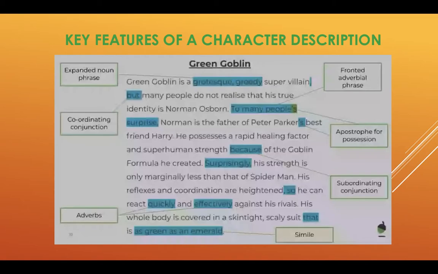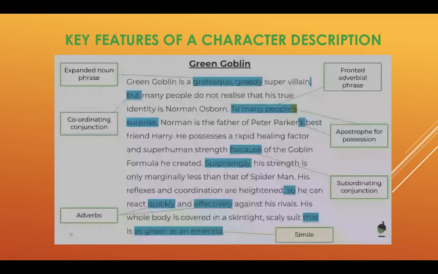That's an example of an expanded noun phrase. So they are adjectives describing the noun, and the noun happens to be Green Goblin. And Green Goblin is a proper noun because it's the name of a person. And then we have that simple coordinating conjunction, but.